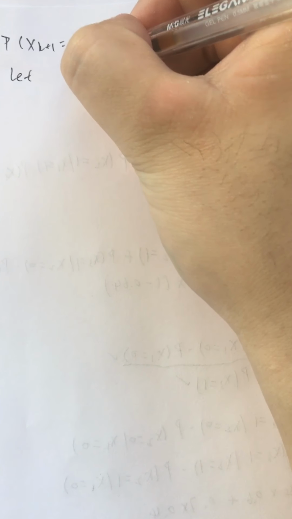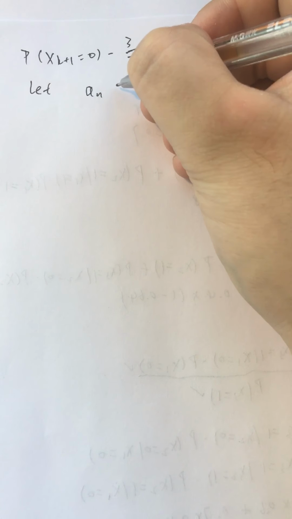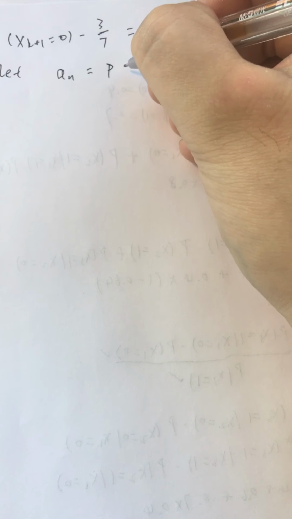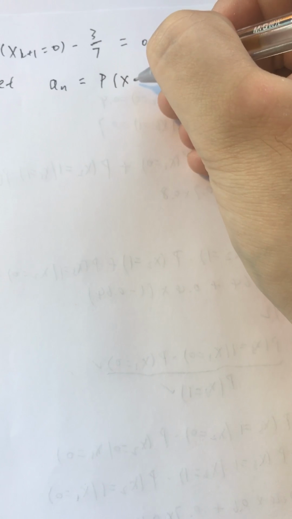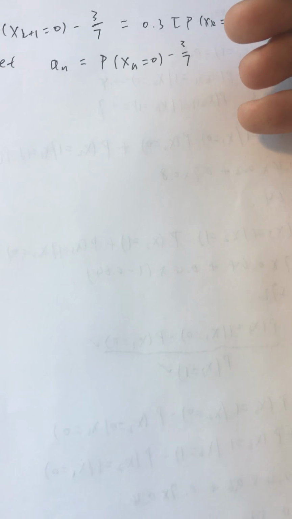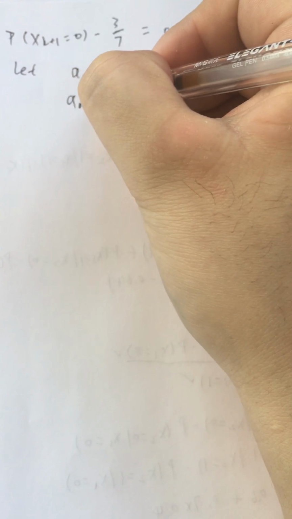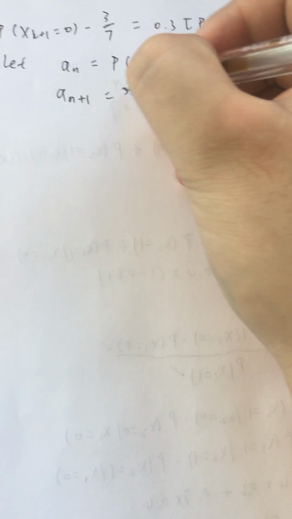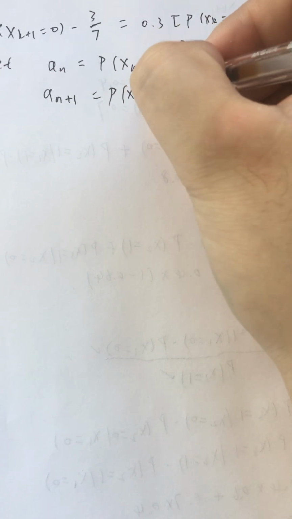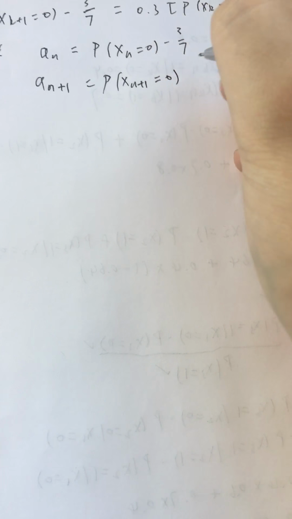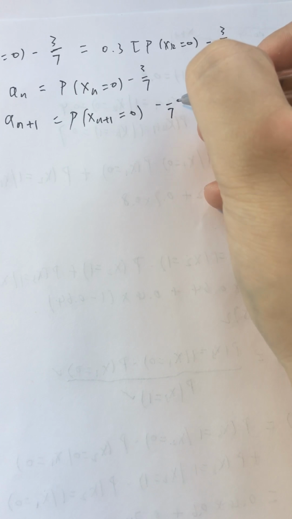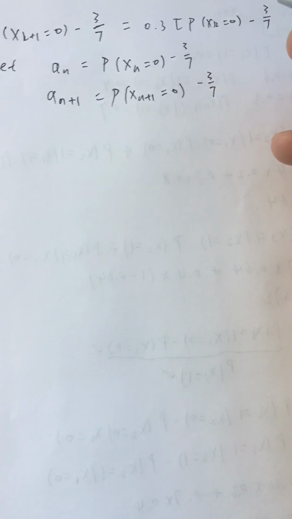So let's make an equal to the probability of xn is 0 minus 3 over 7. So a(n+1) is the probability of x(n+1) is 0 minus 3 over 7.